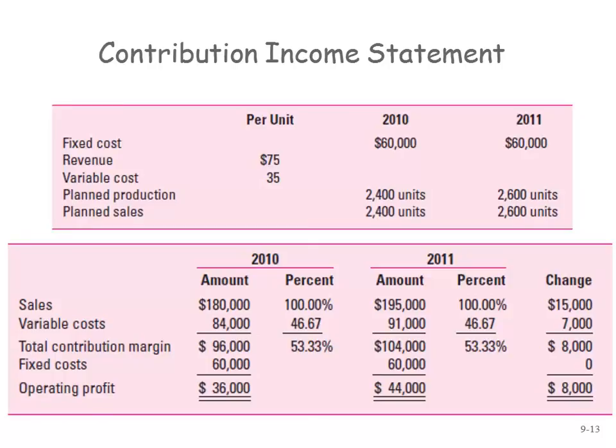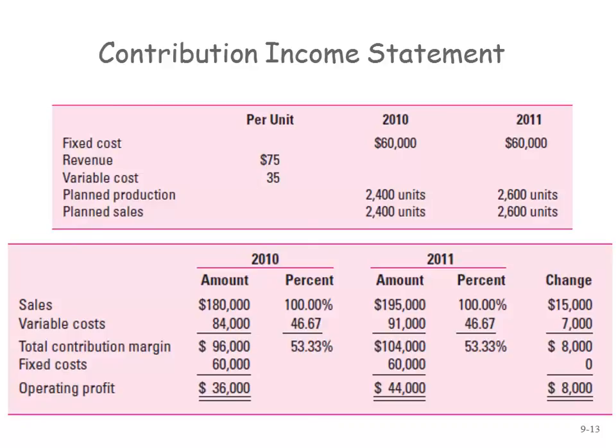The income statement shows the amount of sales, your variable costs. This is your contribution margin percentage. So your total contribution margin is $96,000. Fixed costs are $60,000, leaving $36,000.